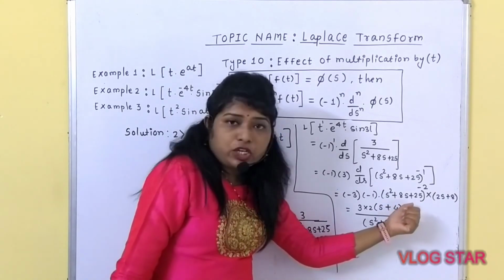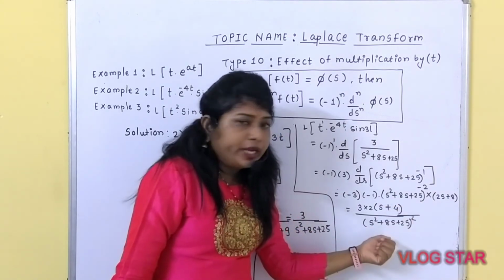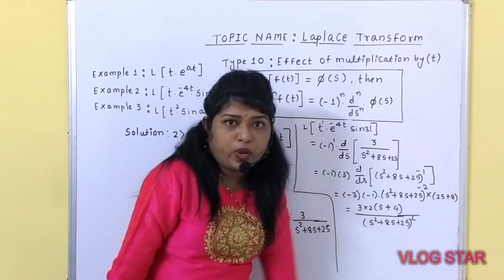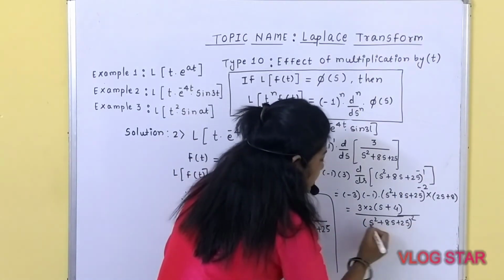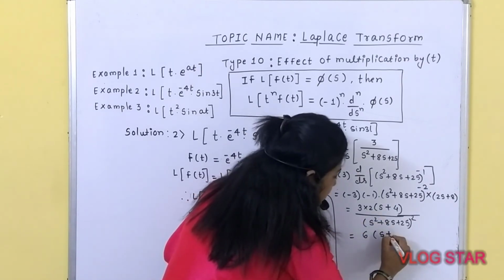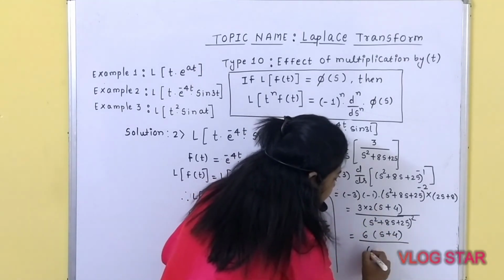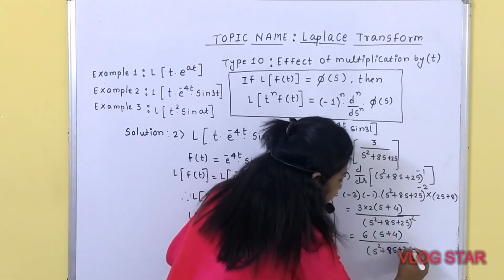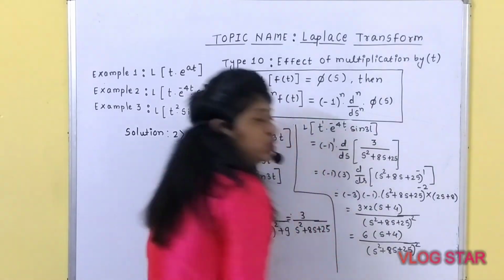This should be in the denominator. It will become (s square plus 8s plus 25) whole square. So this is your final answer. So the final answer is 6 times (s plus 4) upon (s square plus 8s plus 25) whole square.